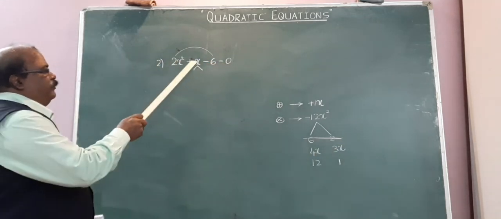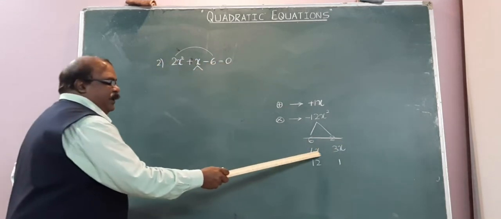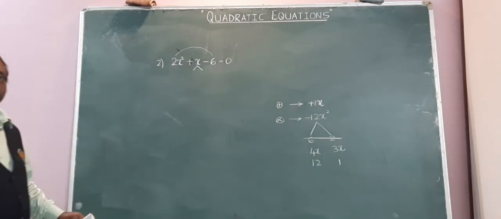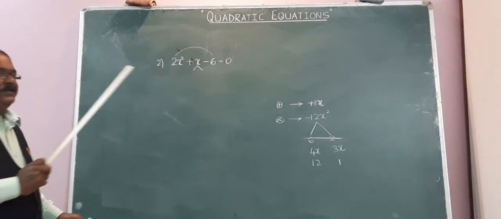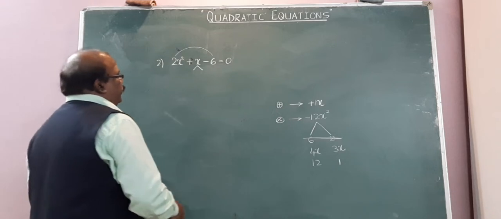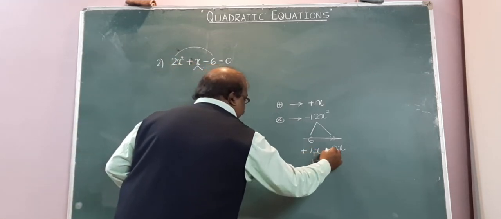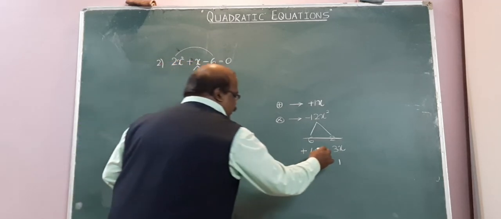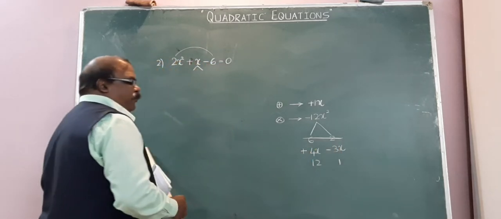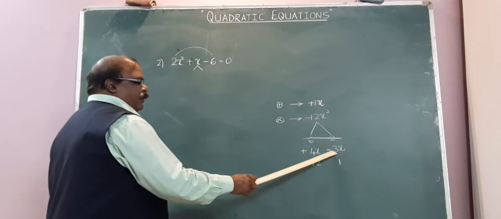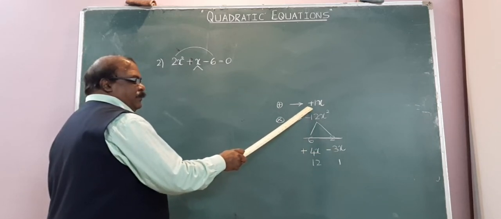Since the middle term is an x term, let me write the x on both sides. Once again, the sign of the middle term goes to the greater number. Which sign shall I put here? Minus. Why did I put minus? So that when you add, you get plus 1x.